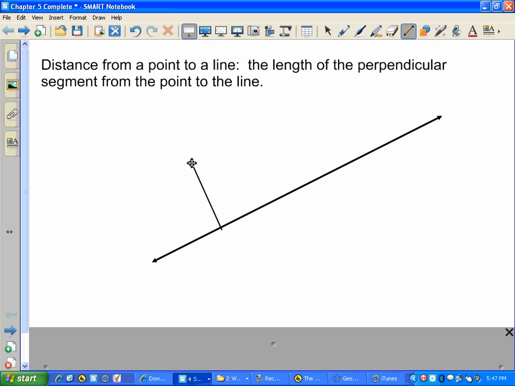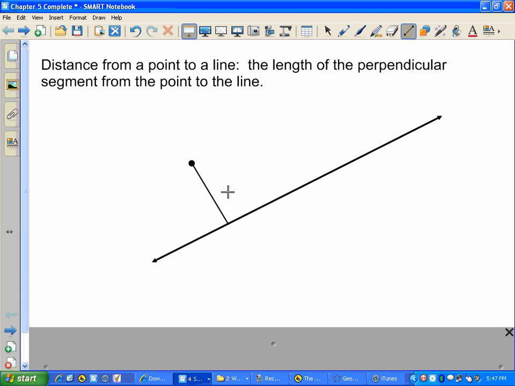But the one that we're actually looking for is the shortest one. If you think about the shortest way to get from a point to a line, it's going to be the line that's perpendicular to the other line. So this is a standard way of saying this is the distance from this point to this line.